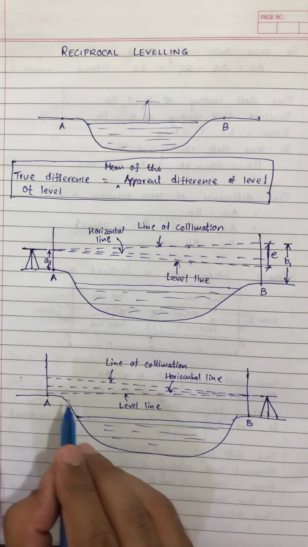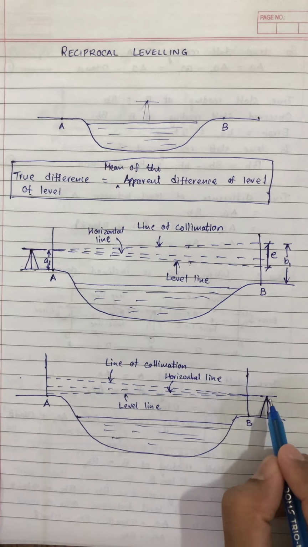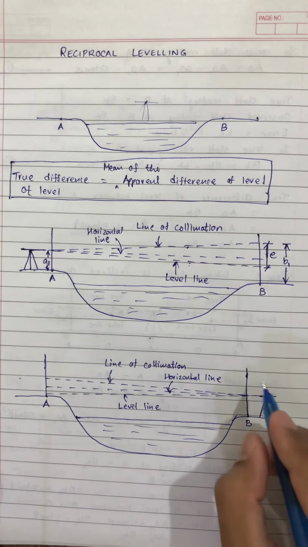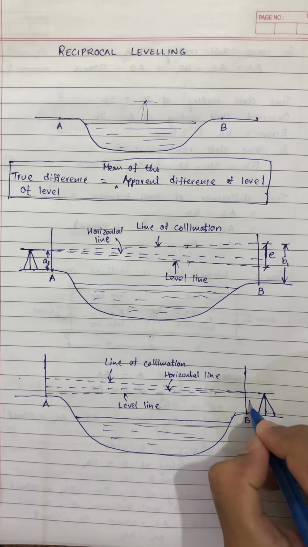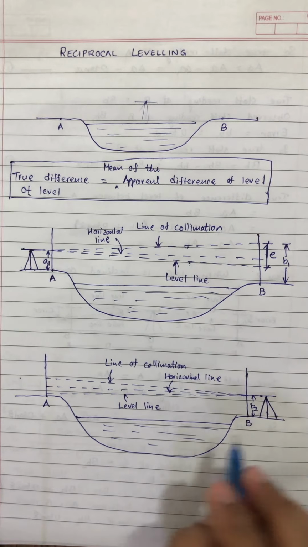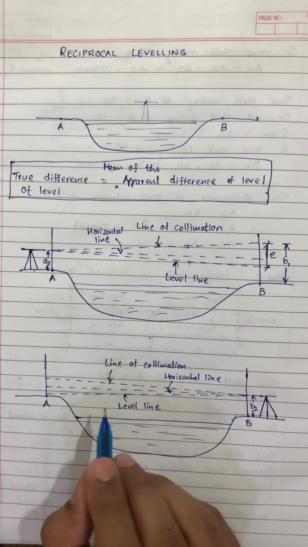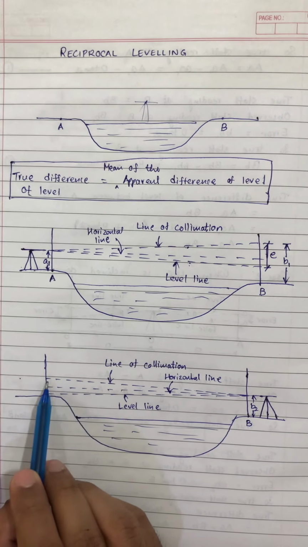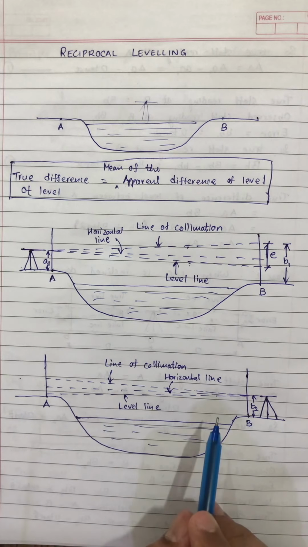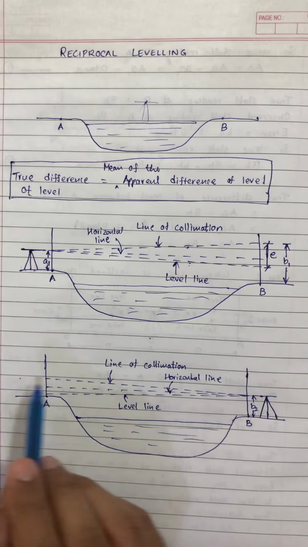Now, suppose as this instrument is very near to this point B, so we will get the true staff reading at point B. Let us call this as B2. And here some error will be there at point A because point A is very far from this instrument and line of collimation is also inclined.